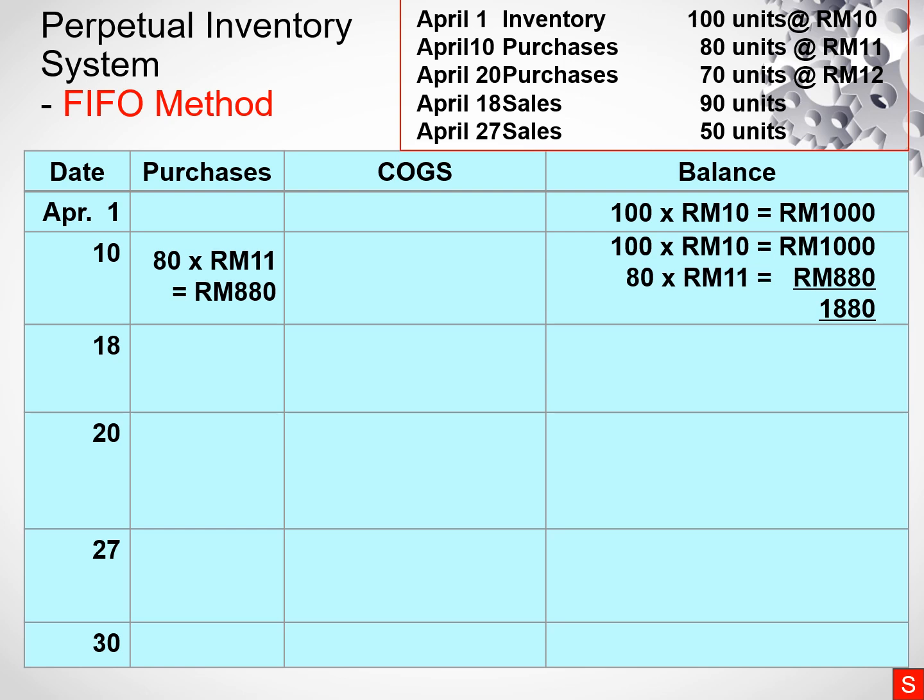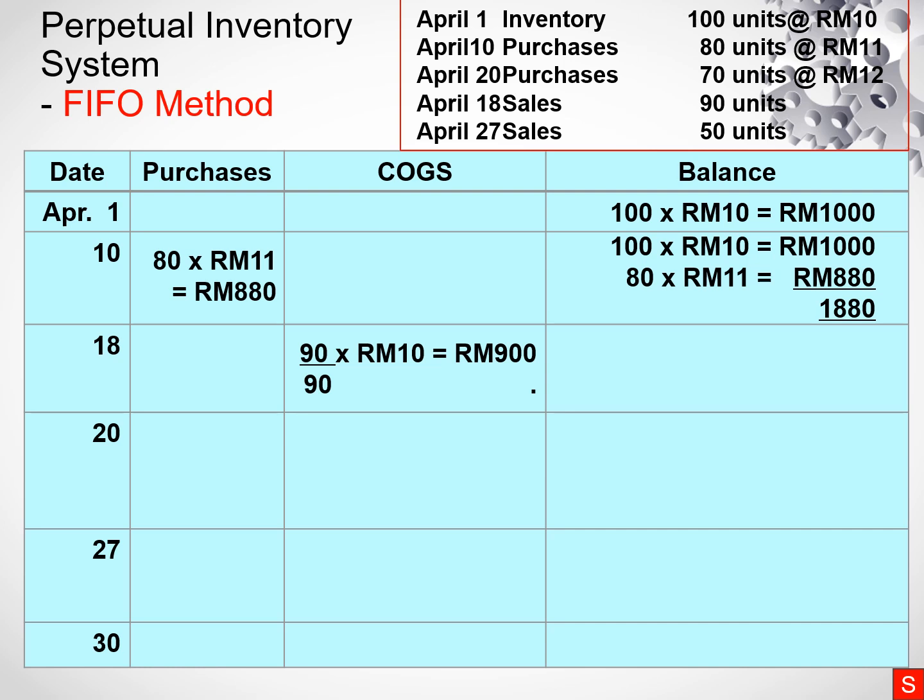The next transaction is on 18 April, that is sales. According to FIFO method, the first in will be the first out. Between the 100 unit and 80 unit, the 100 unit, that is the beginning inventory, is the first in and will be the first out. So, record in cost of goods sold, 90 units times 10 equals to 900.